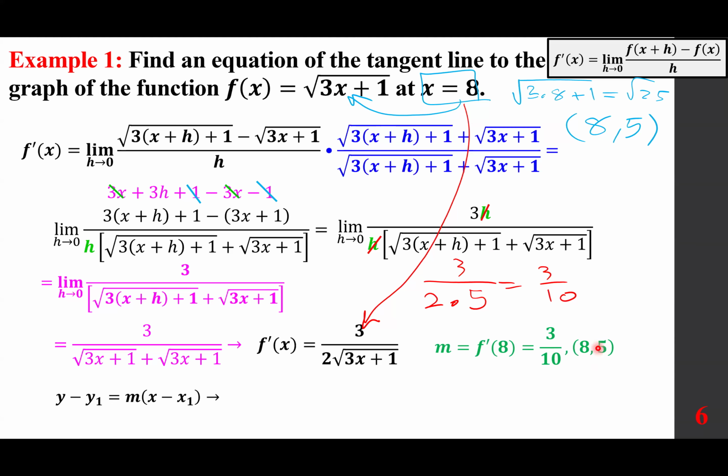That means y minus 5 equals m, 3 over 10, times x minus 8. The right side, when you distribute, this becomes 3 over 10 times x, or 3/10 of x. And the product of these two is negative 24 over 10. Negative 24 over 10 is negative 12 over 5. We move the negative 5 to the other side. We make it positive 5.